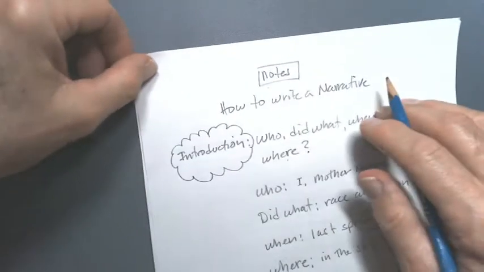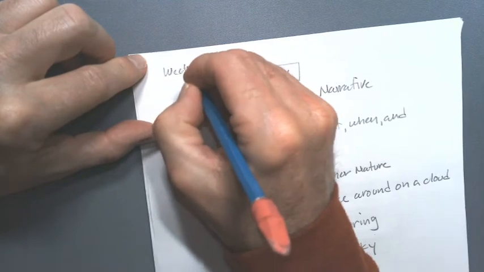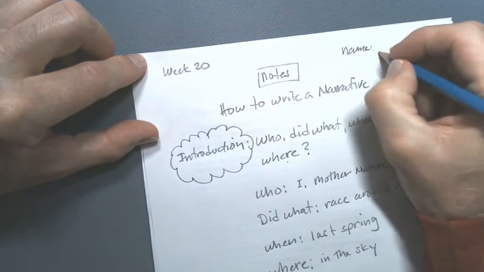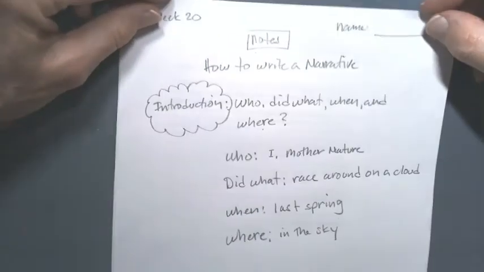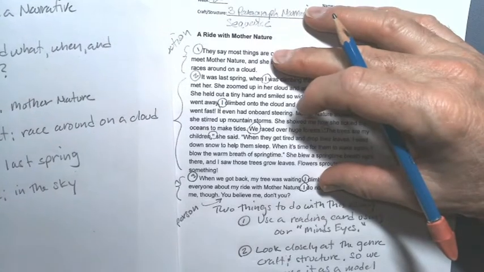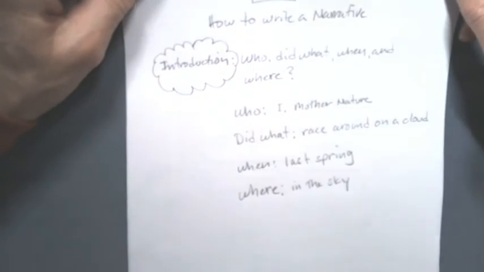So hopefully these are your notes for week 20. And we use this as our model for writing because it's 3 paragraphs and it answers all the things that we need to know about starting our own narratives.